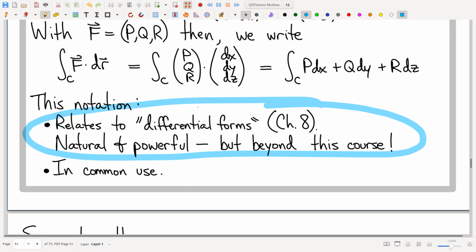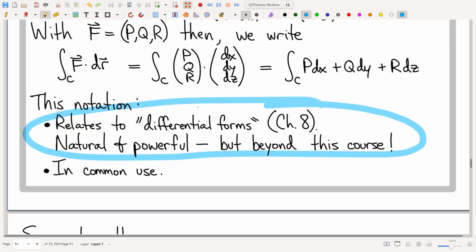It turns out that this is basically what we call a differential form. This is called a differential one-form. And differential forms in general are how you make the most mathematically natural, best sense out of vector line integrals and various other kinds of integrals that we're going to talk about in this class.